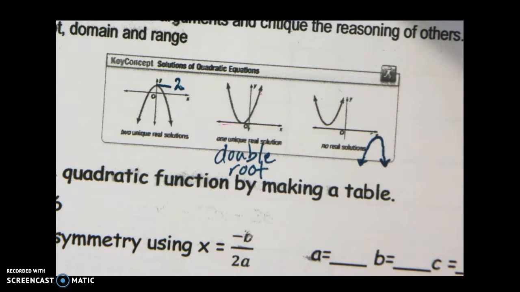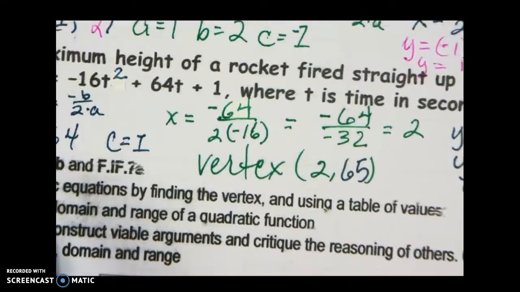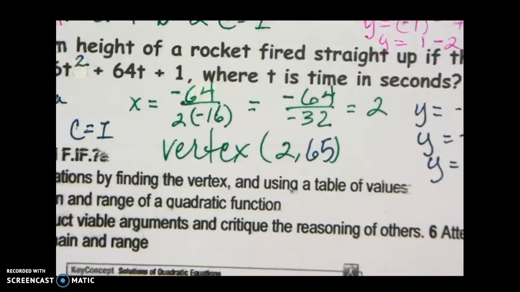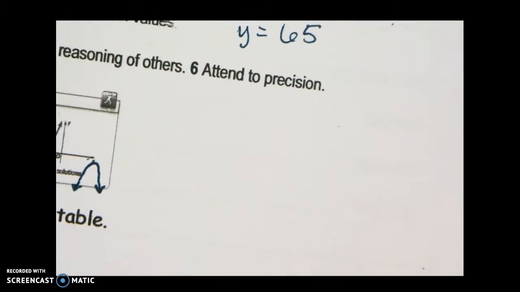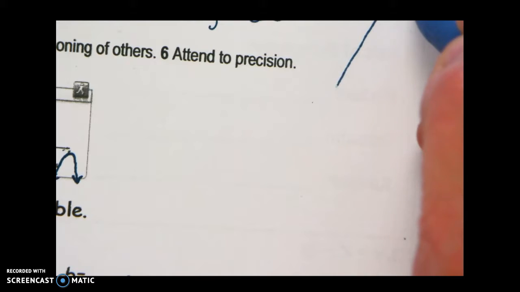So we looked at our vertex in the problems above this. And we had to figure out number 3, the vertex of a rocket. So a rocket goes up, and it goes so far, and then it starts coming back down.